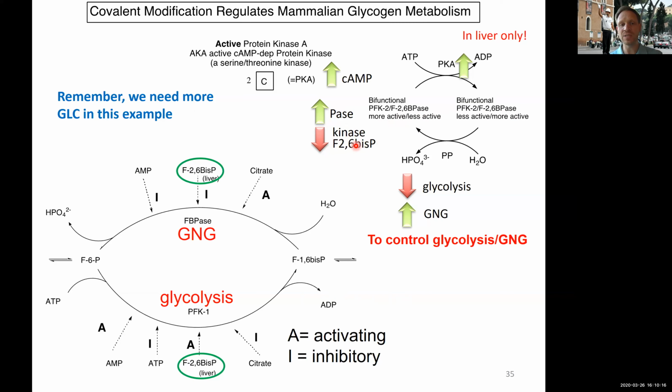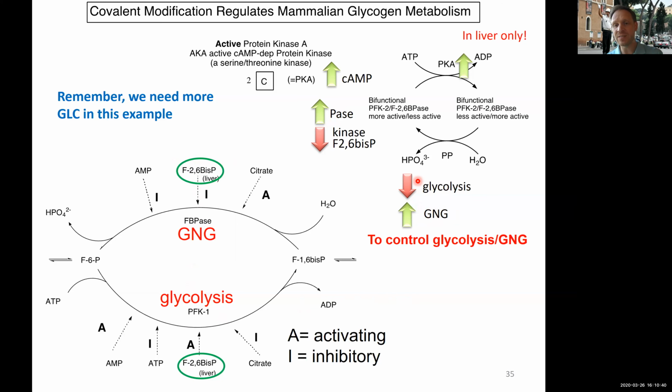So we're decreasing the amount. If you now look at it, right, fructose 2,6-bisphosphate was an inhibitor of gluconeogenesis and was an activator of glycolysis. So by reducing the concentration of the allosteric regulator, we are increasing gluconeogenesis and we are decreasing glycolysis.